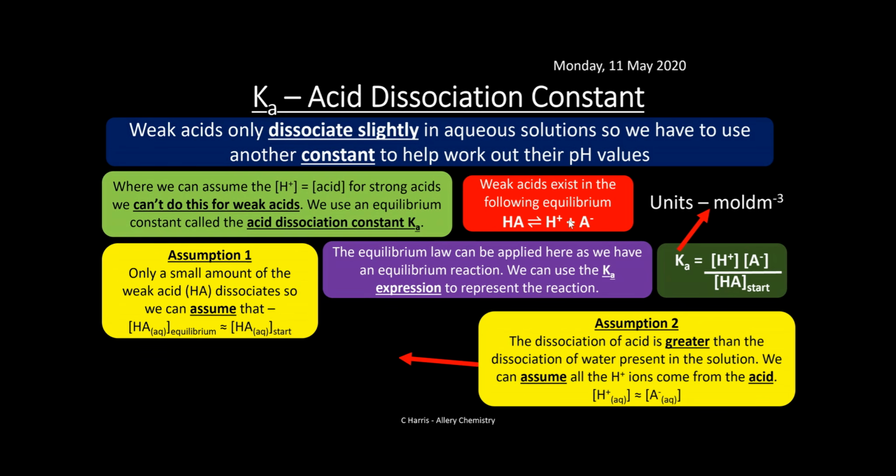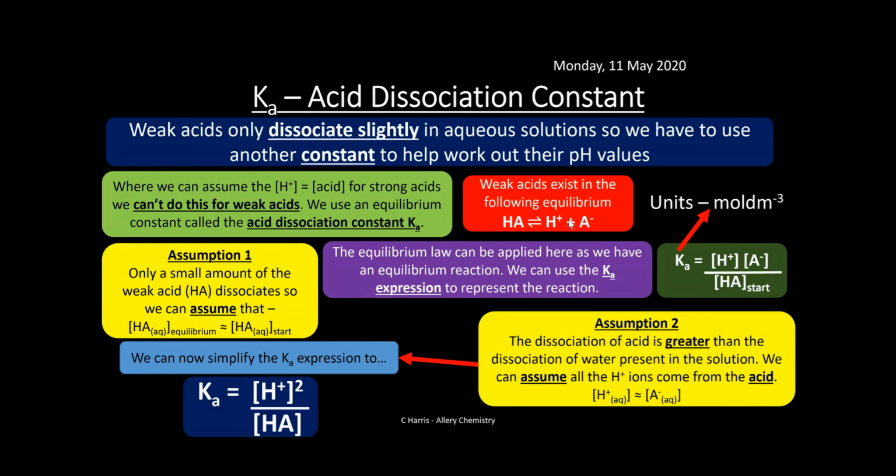With all these assumptions, we can now simplify the Ka expression to this: Ka equals H plus squared divided by the concentration of HA. So much simpler, and we use that to work out our acid dissociation constant, which can then be used to work out the pH of a weak acid.